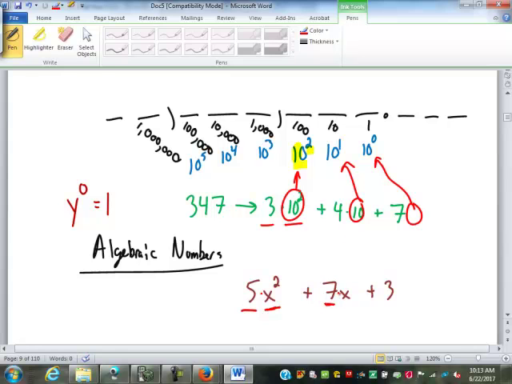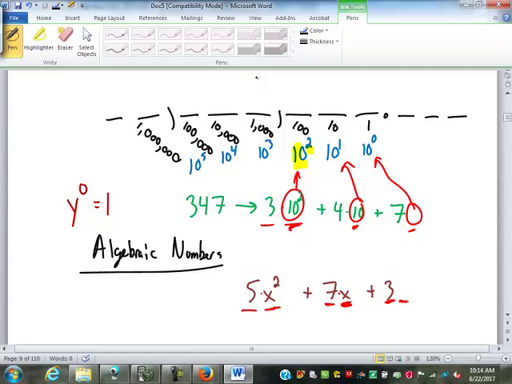Instead of 7 times 10, it's just 7 times x. The ones, well, that's x to the 0. Right? You can see here an algebraic number is the same as our whole numbers. It's just our place values have a base of x instead of a base of 10. So they behave exactly the same way.